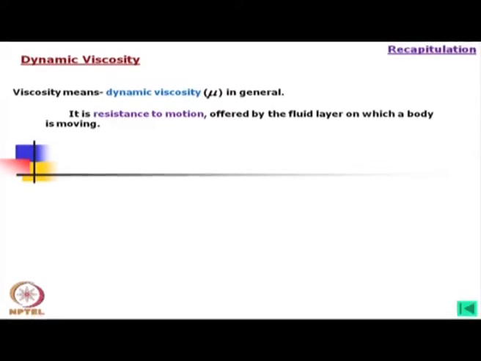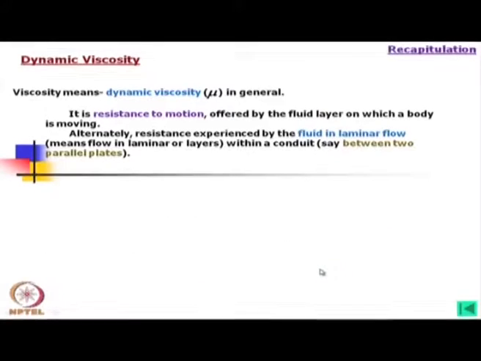This is one of the parameters which is very important for the performance of hydraulic systems. We should use a fluid for which mu does not vary much within a relatively wide temperature range or pressure range. Otherwise, there will be variation in performance and we cannot fulfill our requirements. So, this is an important factor.